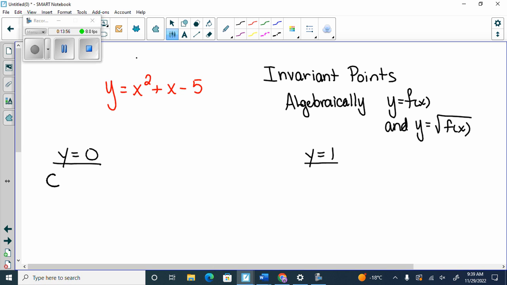So we're going to go 0 equals x squared plus x minus 5. Can that factor? No, it can't factor. What do I have to immediately do? Quadratic formula.